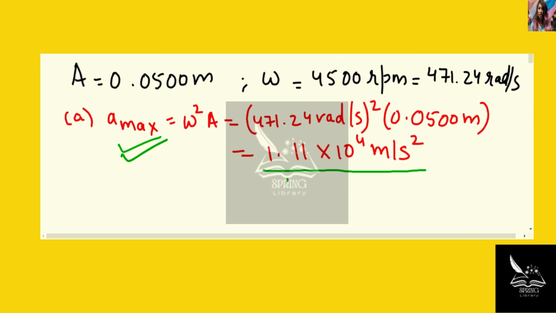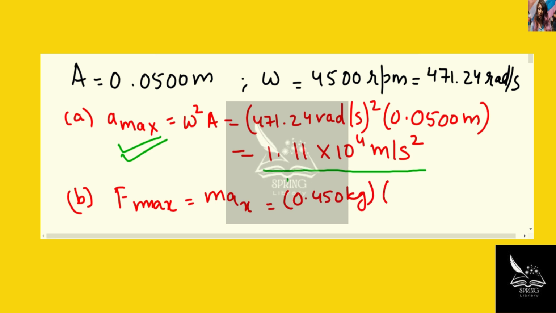Understood? The second part, the B part, what we have to find is the maximum force experienced. Maximum force experienced is m a max. So put the values, that is 0.450 kg into the acceleration we have here, 1.11 into 10 raised to 4 meter per second square.